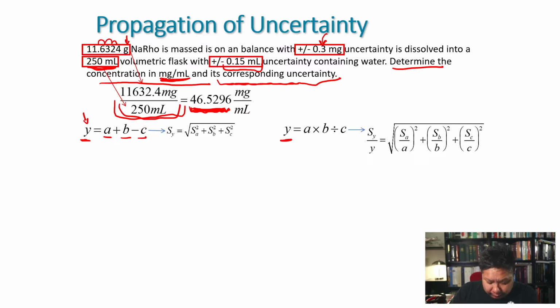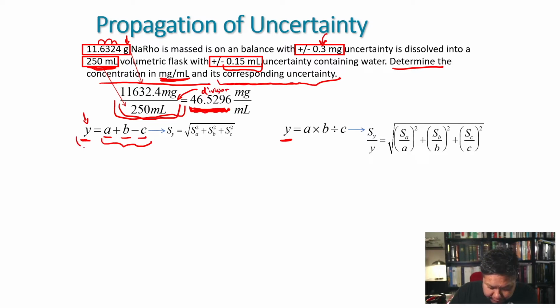And so the rest of this equation is asking what mathematical operation you had to carry out to get to that y. Well, to get to this y, which is the 46.5296 milligrams per mil, you actually have to carry out a division operation. Division, okay?